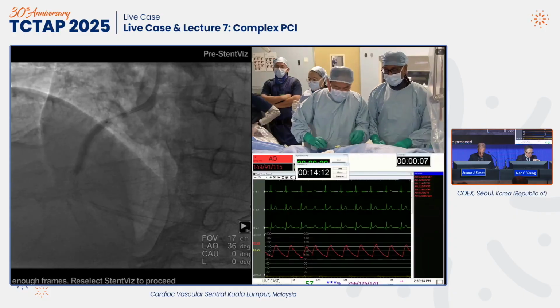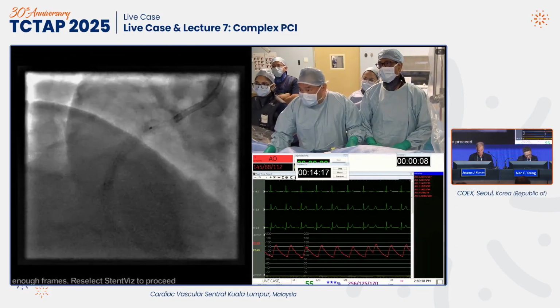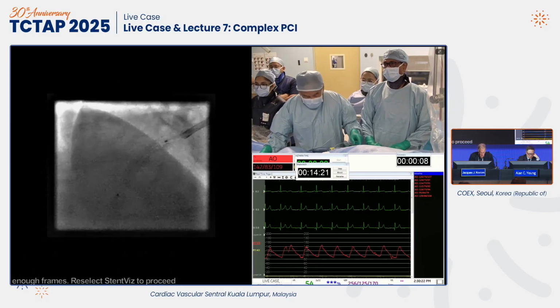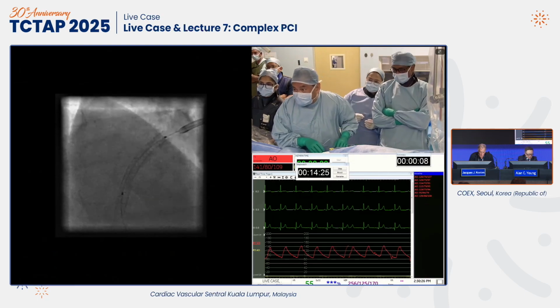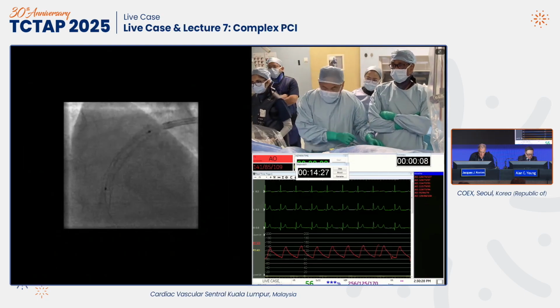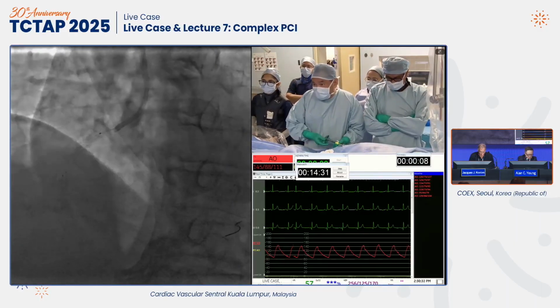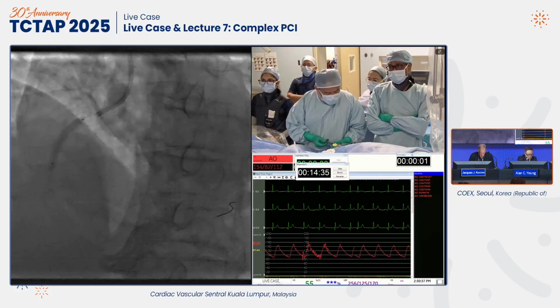With an unwrapped balloon, taking it out on a 6 French, you may have to be a bit more careful. If you're using a Guide Plus and so on, I think you should use an EL in order to facilitate easy removal of the balloon. So we've not had that problem at all.